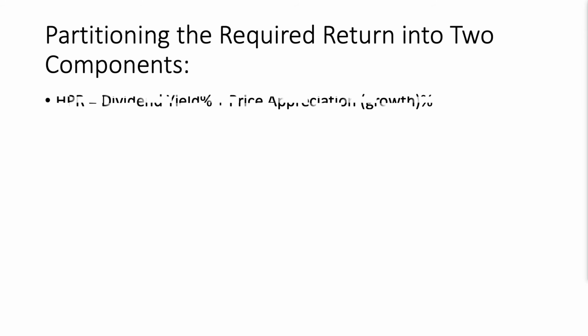So now I'm going to partition the required return that we just did into 2 components, the dividend yield and the growth rate. So the HPR, the holding period return that we just did, I'm going to partition into the dividend yield and the price appreciation yield, or the growth rate, g.